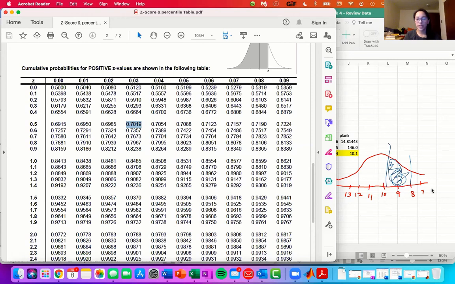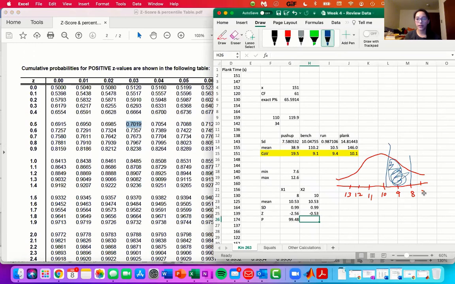So that's what I was just saying, is because Excel is not picking up that smaller values are better in this context. It's going to automatically return a negative value, but this is where these values would be located in this distribution. Okay. So 70.19 is the percentage of values that lie beneath 10.